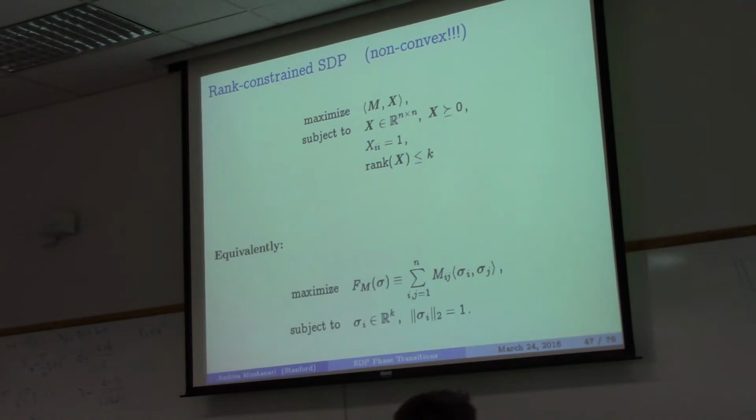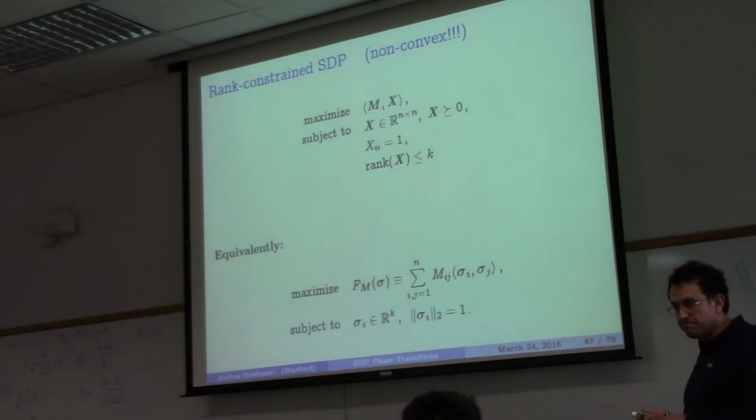And you don't jump suddenly from this to this when k passes n minus 1. They transition very quickly from this to this. So if you take k equal 20, the function is like this. So even if you do something local, even if it is non-convex, you are reaching something very close to the optimum.